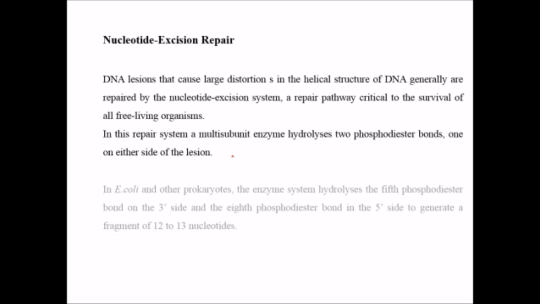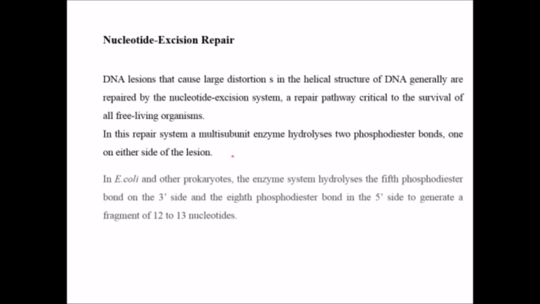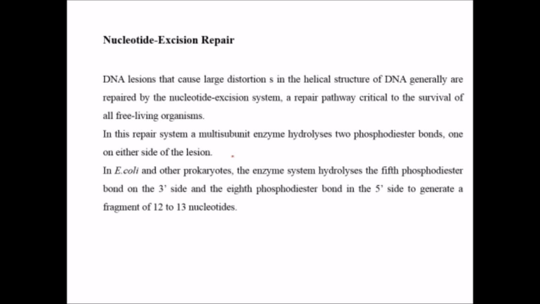In E. coli and other prokaryotes, the enzyme system hydrolyzes the fifth phosphodiester bond on the 3' side and the 8th phosphodiester bond on the 5' side to generate a fragment of 12 to 13 nucleotides.